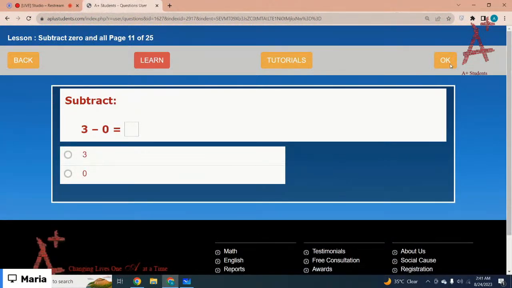3 take away 0 equals... Then you have 3 take away 0. So 3 take away 0 is 3. The correct option is 3.